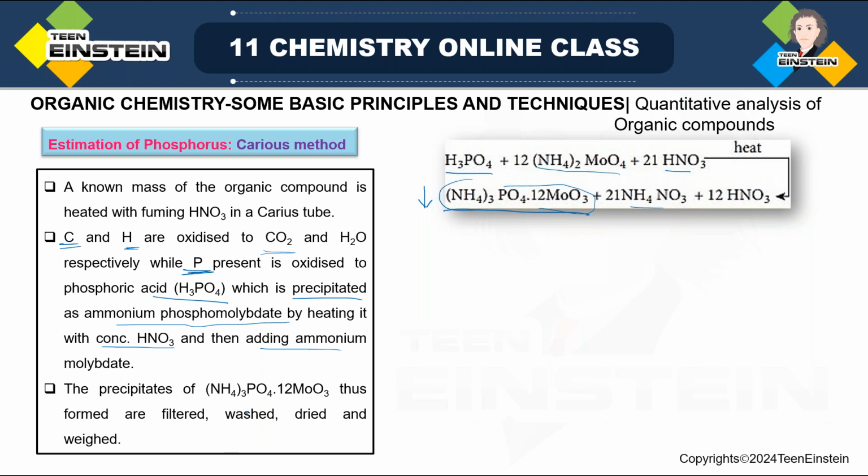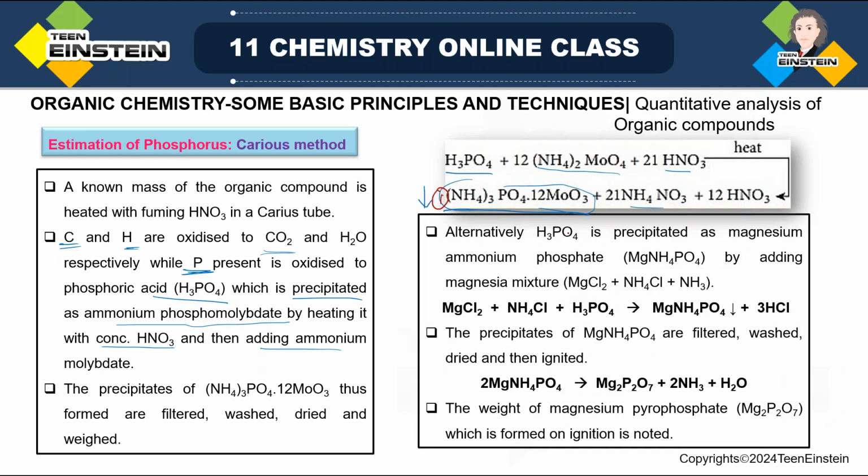Now this is one way by which you can do the precipitation, but there is another way also. So this is number one precipitate which we can do. There is an alternative method also. H3PO4 you can also get as a precipitate in the form of magnesium ammonium phosphate, which is MgNH4PO4. And how will we get it?